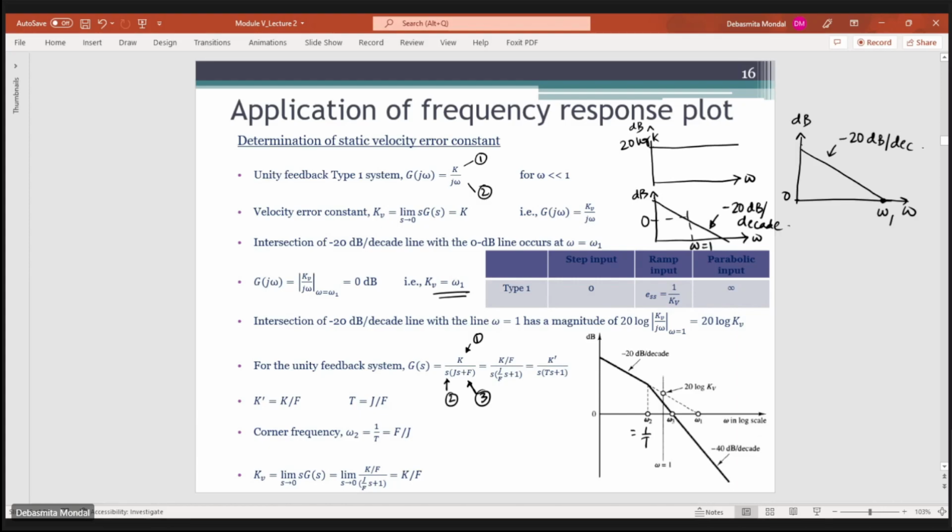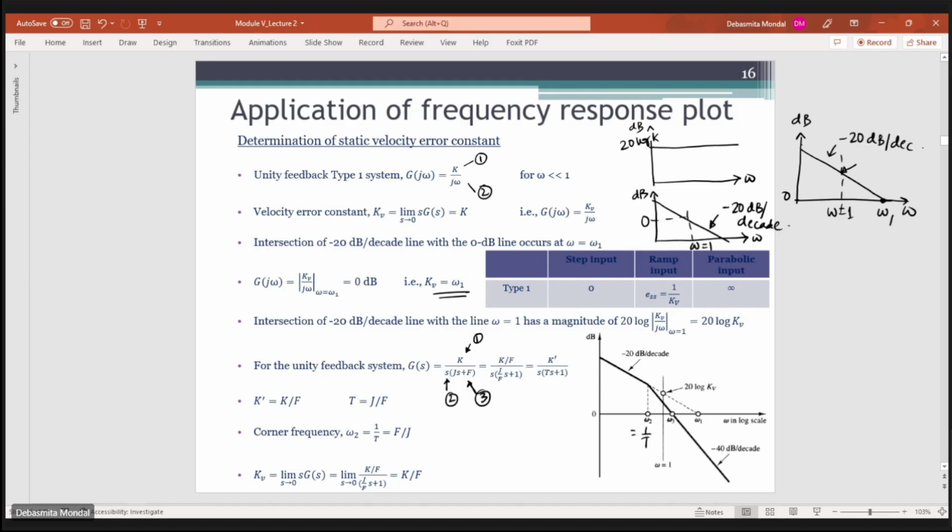Now, for the value of kV, let's say this is omega equals 1. The value at omega equals 1 is nothing but 20 log k in this case.